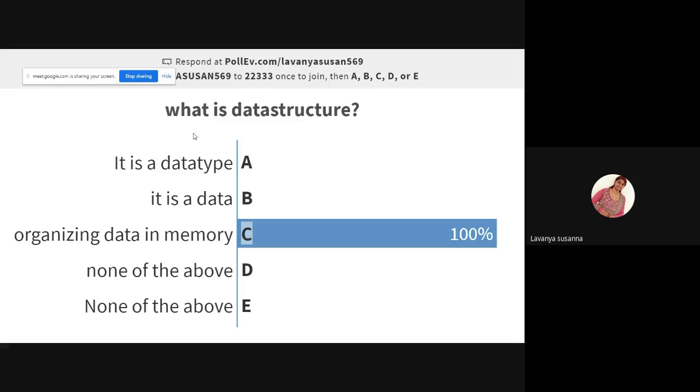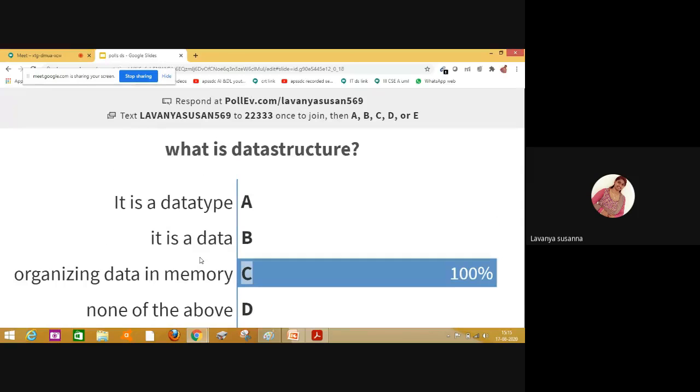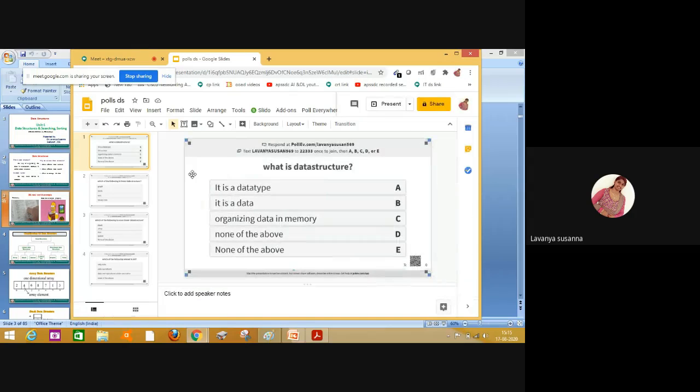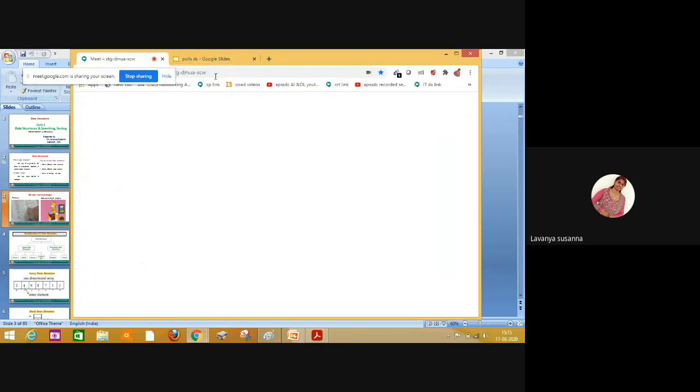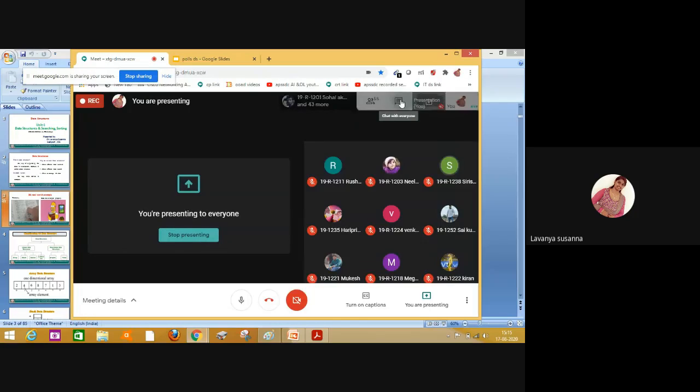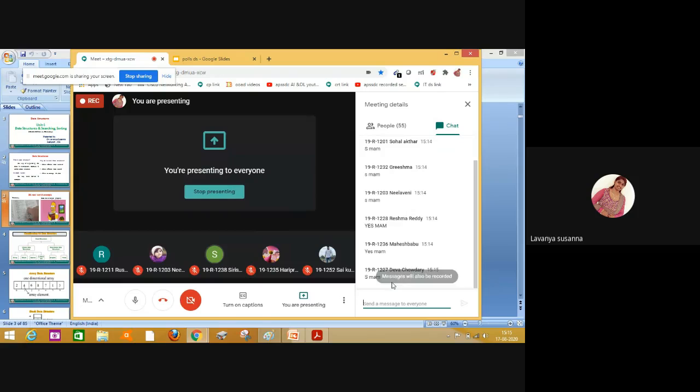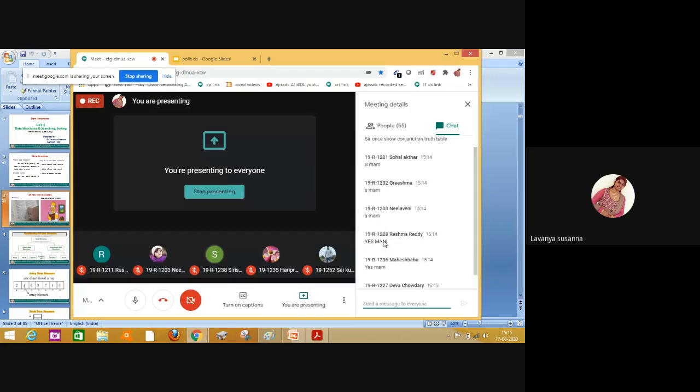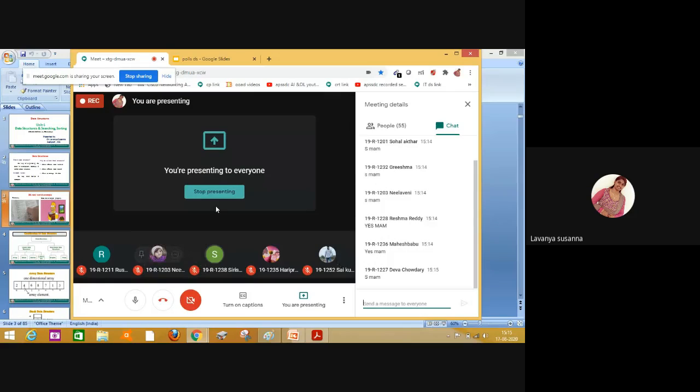Okay, see the answer. What is data structure? It is not a data type. It is not a data. Organizing the data in computer's memory. Okay, thank you. Everyone has to submit.